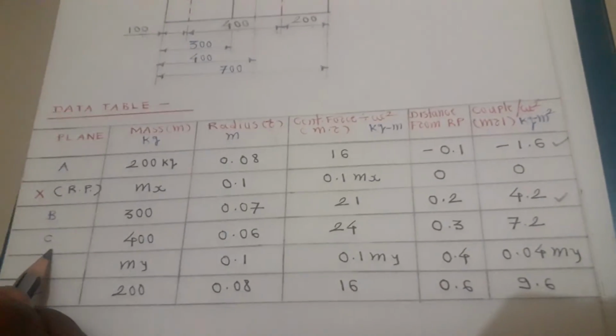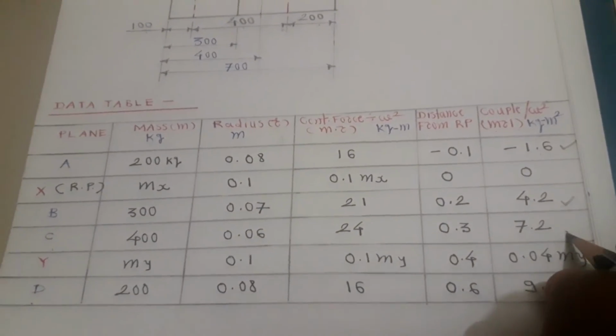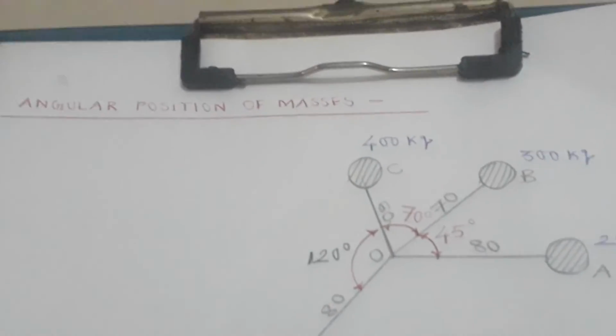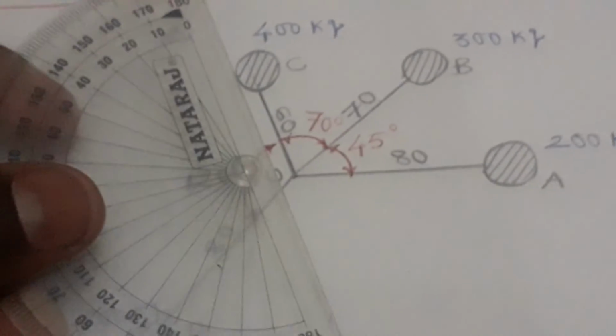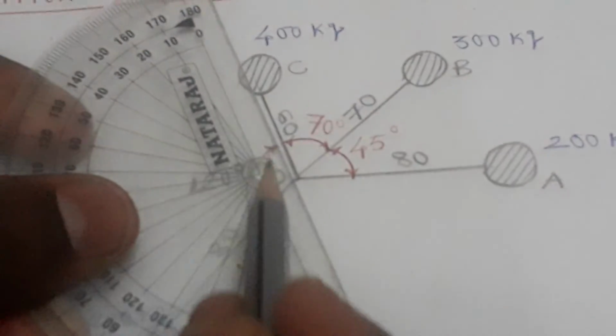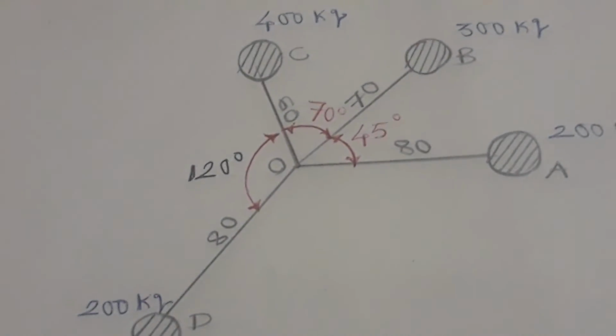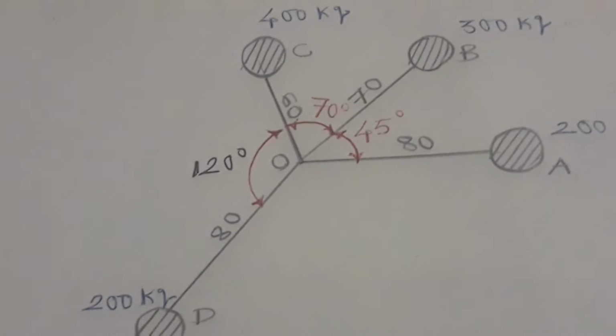Now from B we can move towards the next plane, the C plane. The magnitude is 7.2, and for this C plane, from B to C, the angle is 70 degree. So we can take the reference directly by means of the drafter for this line, or take the inclination.